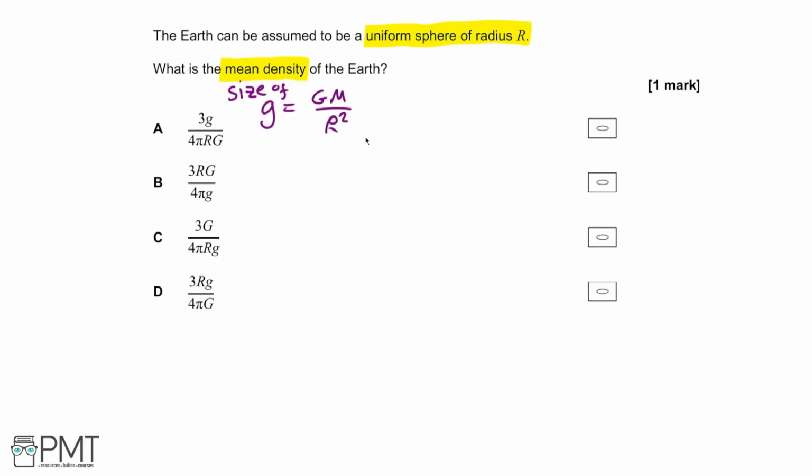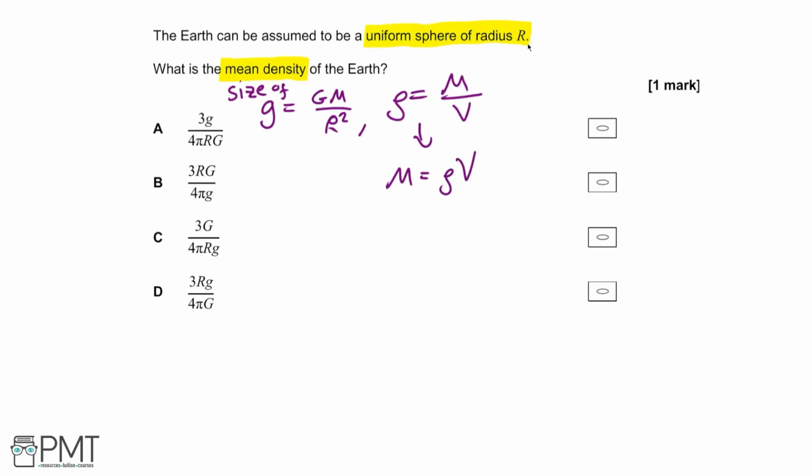Since we're looking to find the density of the Earth, we should try and get the density into this equation so we can relate g to rho, being the density. To do that, we use the equation for the density, rho is equal to m divided by v, and then we rearrange to get m is rho v, where v is the volume of the Earth.